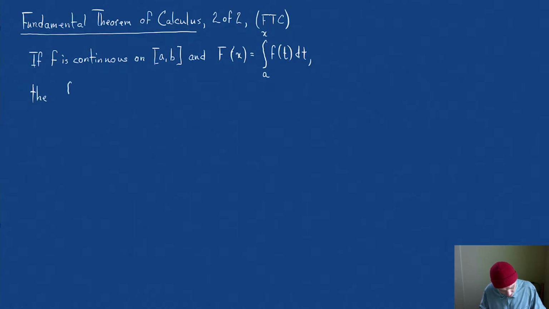Then the definite integral from a to b of f of t dt is equal to capital F, the antiderivative evaluated at b minus the antiderivative evaluated at a.